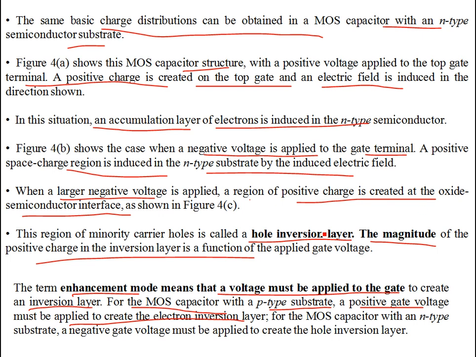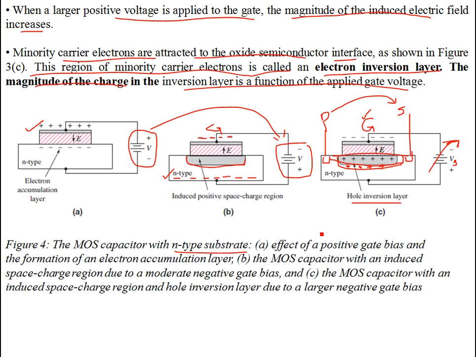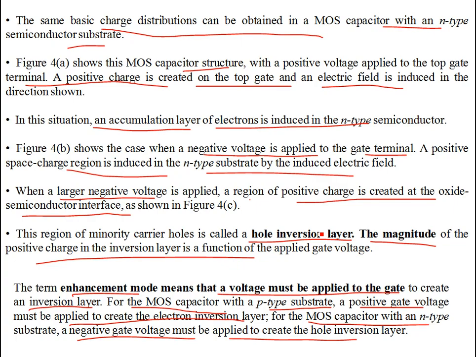So for the MOS capacitor with N-type substrate, a negative gate voltage must be applied to create the hole inversion layer. You need a negative gate voltage to create the positive hole inversion layer, and for the P-type substrate, you need a positive gate voltage to create the electron inversion layer.